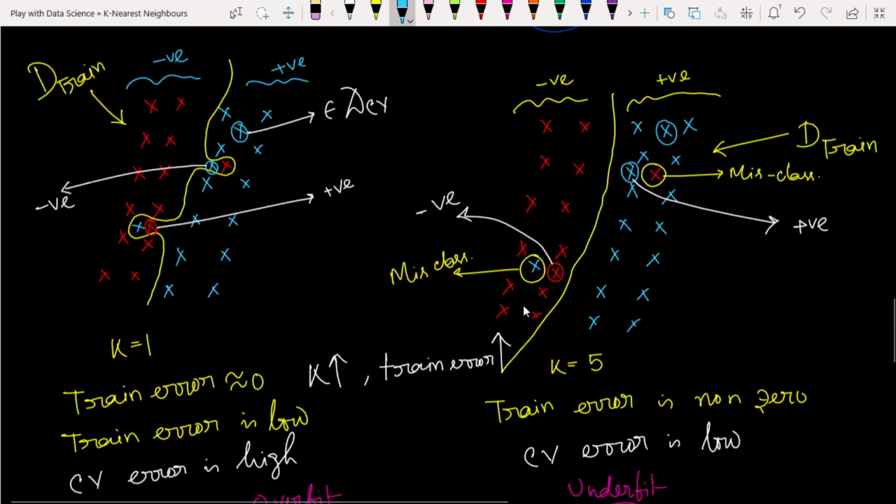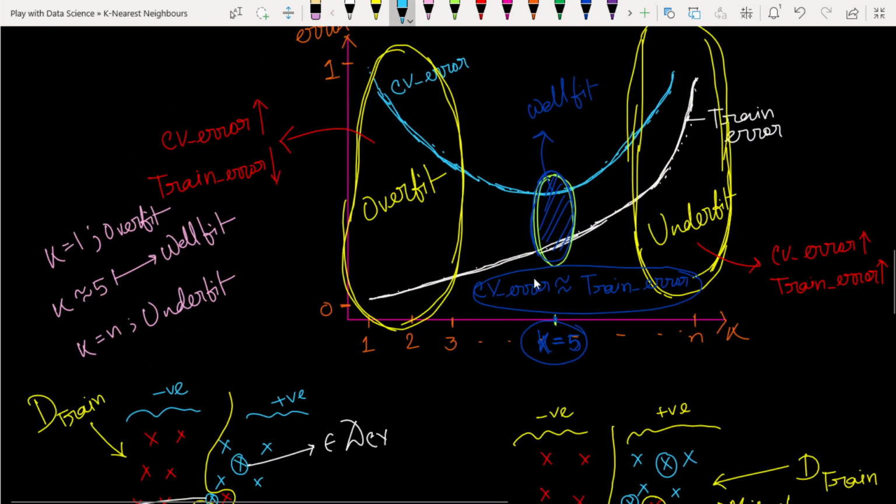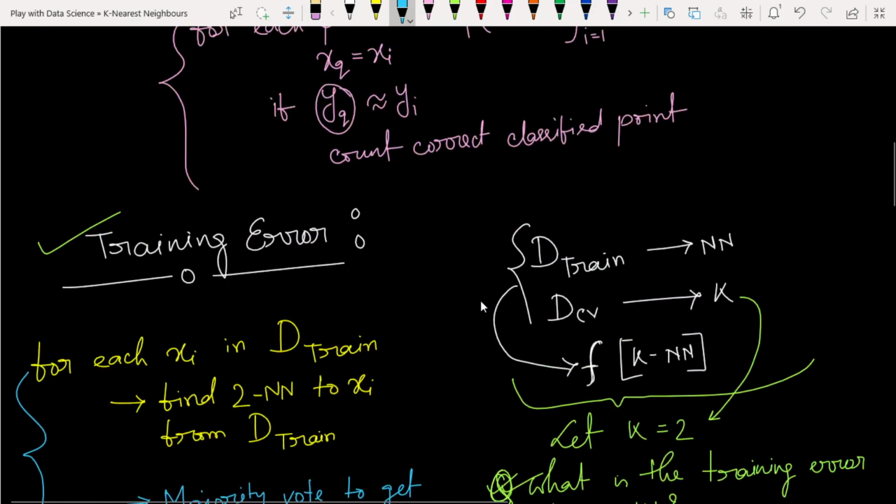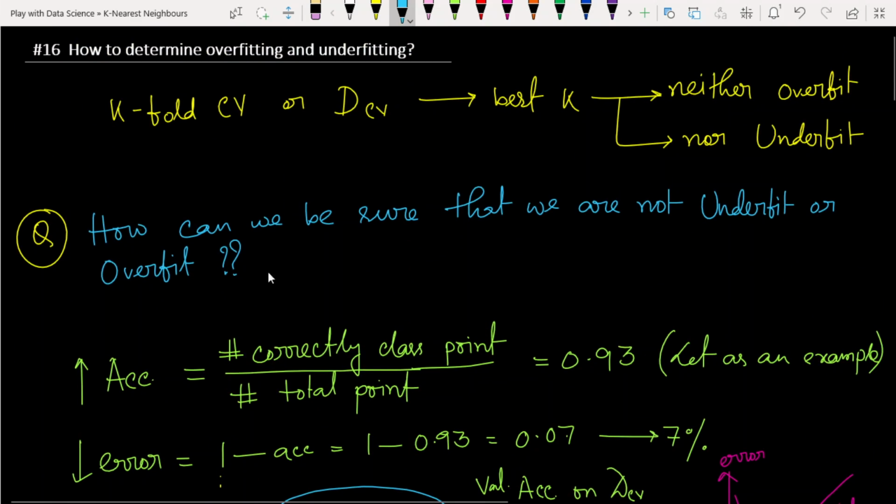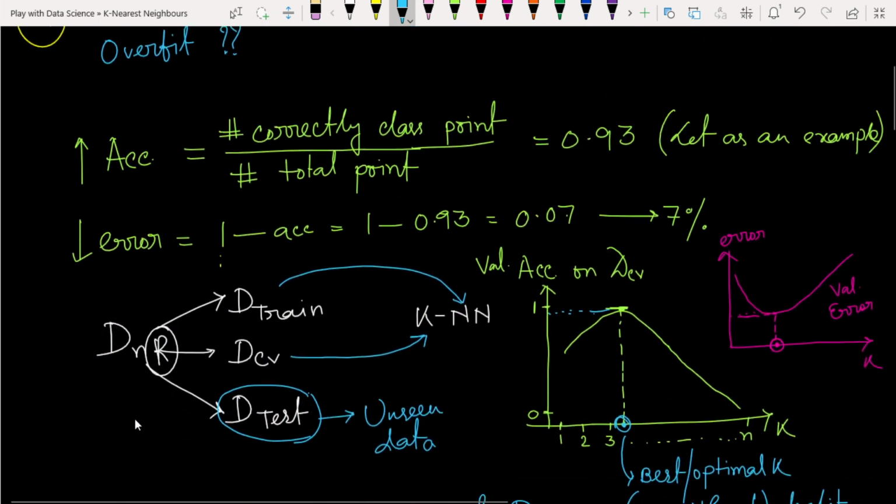I think the main concept is clear: how, by simply looking at the error terms, we can find whether our model is overfitting or underfitting.